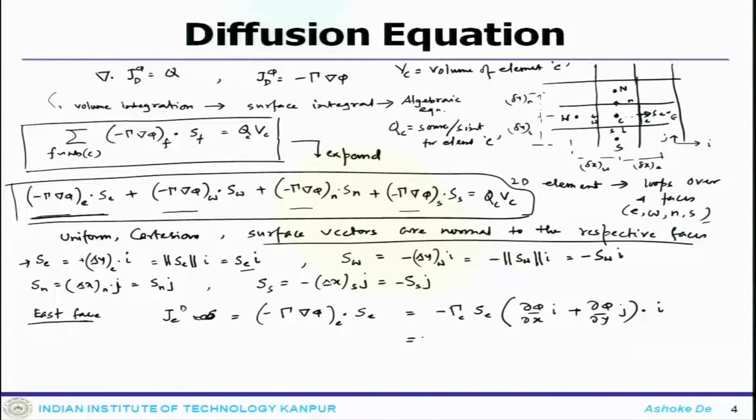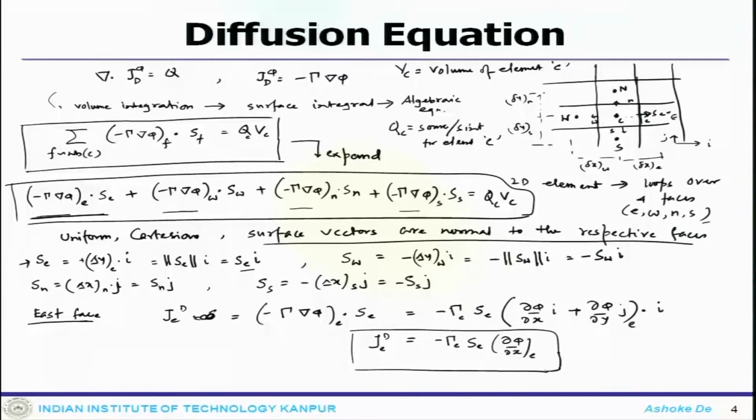What you get back is only this term: minus gamma e S e del phi by del x at e. That is my east face diffusion flux.